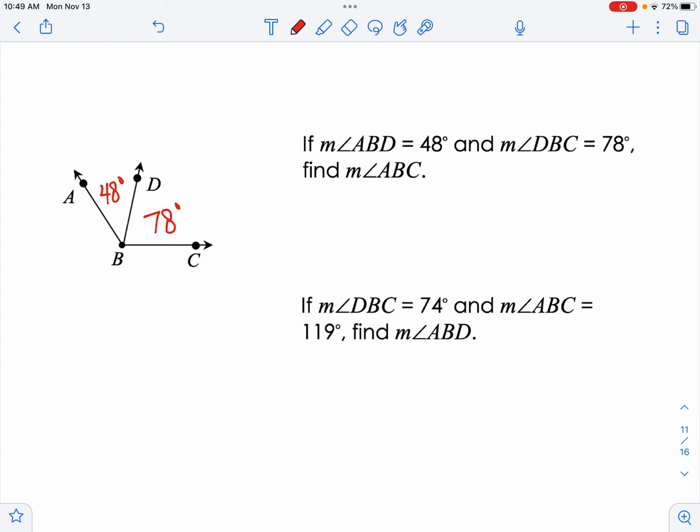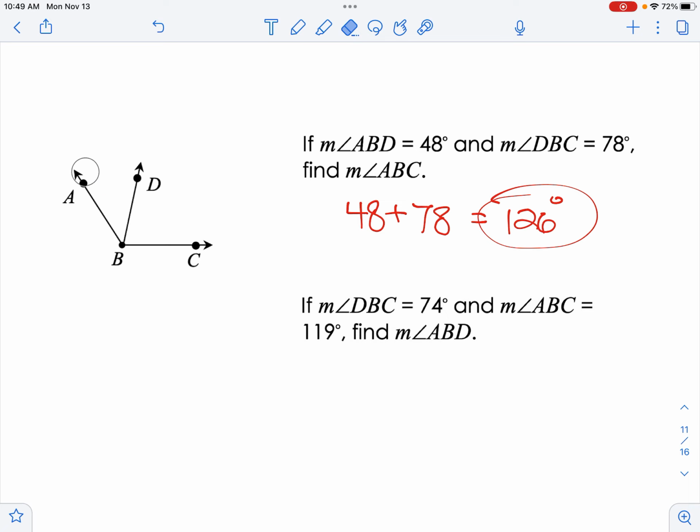You should be able to just say 48 plus 78, which gives us 126. So the measure of angle ABC is equal to 126 degrees. Hopefully that makes some sense.